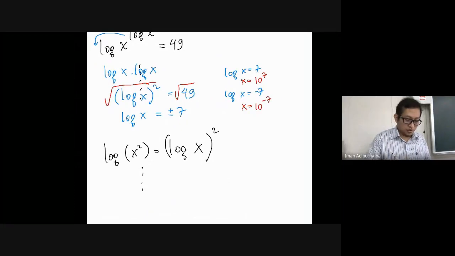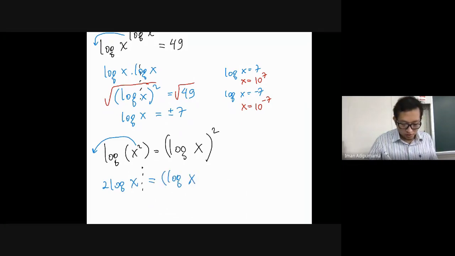Okay, so I can move the 2 from the x squared. Okay, so move 2 here. So it becomes 2 log x equals log x squared. And let me move the 2 log x to the right side, and I will get log x squared minus 2 log x equals 0.